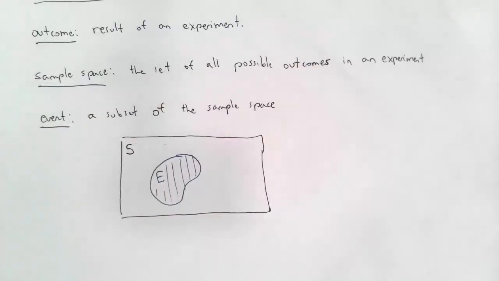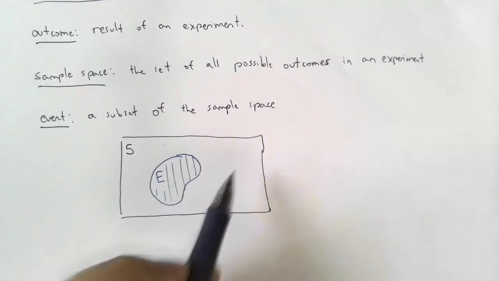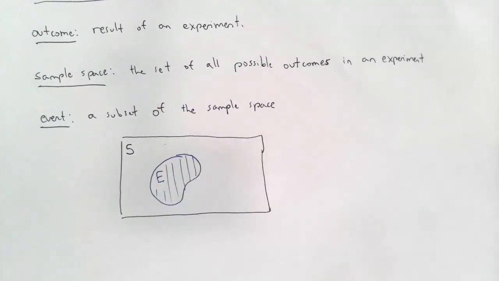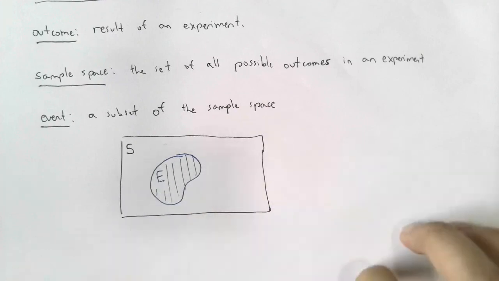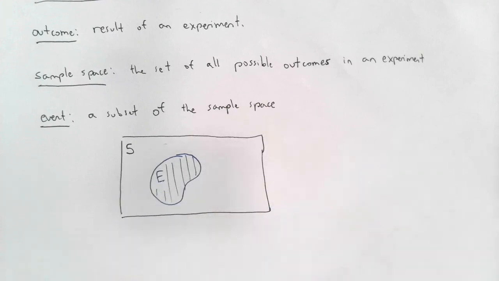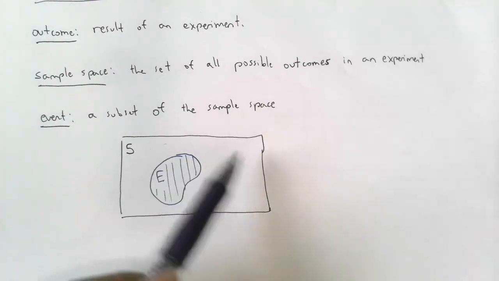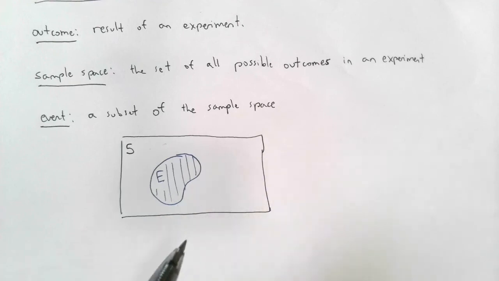The reason why it's important to visualize it graphically is because we're going to look at combinations of events, we're going to look at unions of events, we're going to look at different ways of manipulating these events mathematically, and perhaps it's better to visualize them graphically instead of just going straight at them numerically. So always consider sample spaces not just as a list of things, but as an area where all my outcomes are inside it.